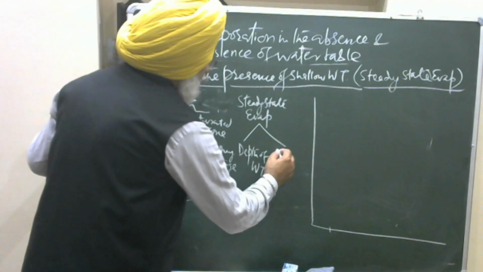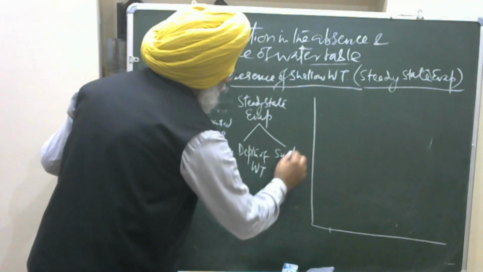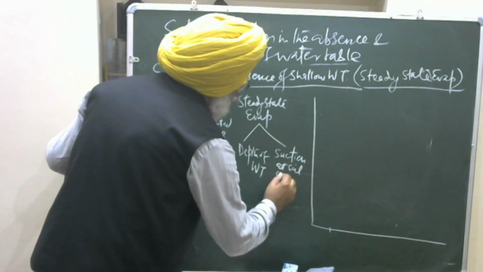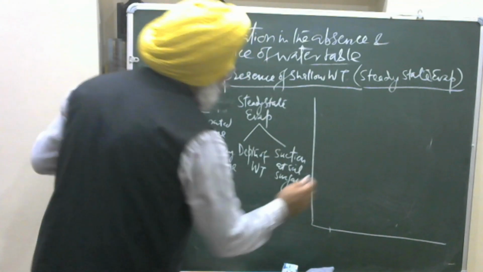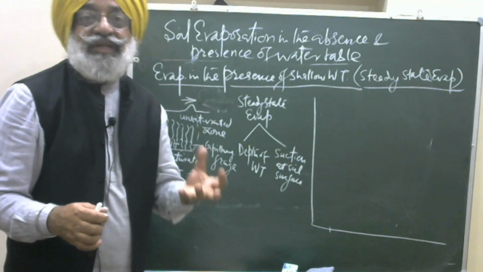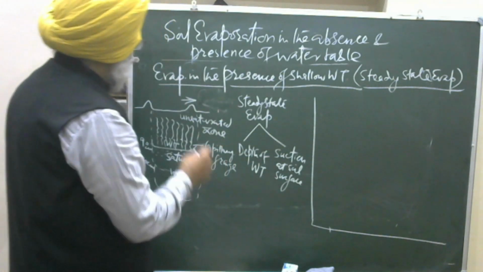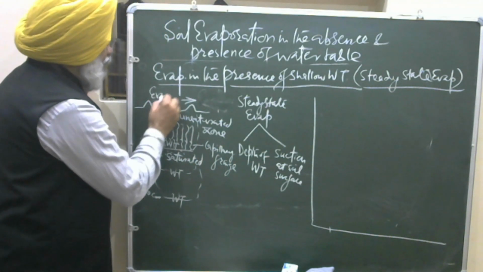Second is the suction at soil surface. So when I say suction at soil surface, ultimately it means the demand for moisture or water potential. Now at the soil surface, here it will be evaporativity.